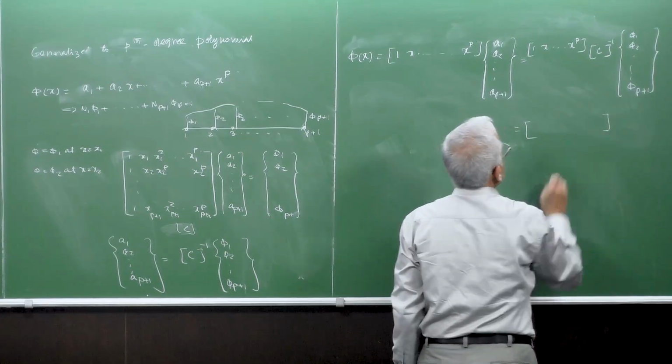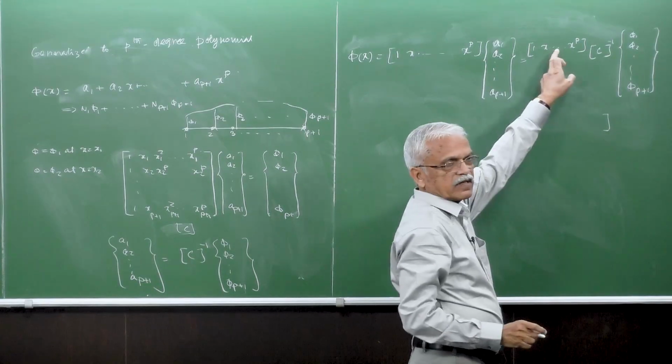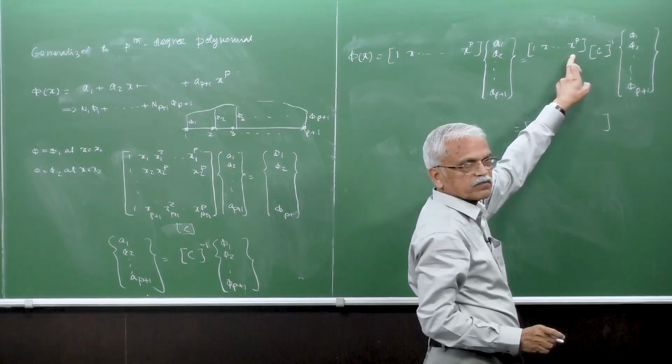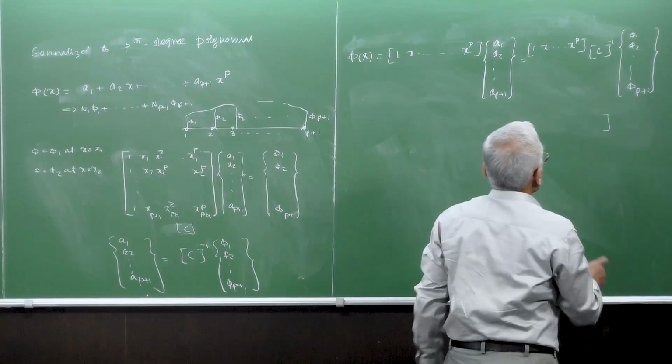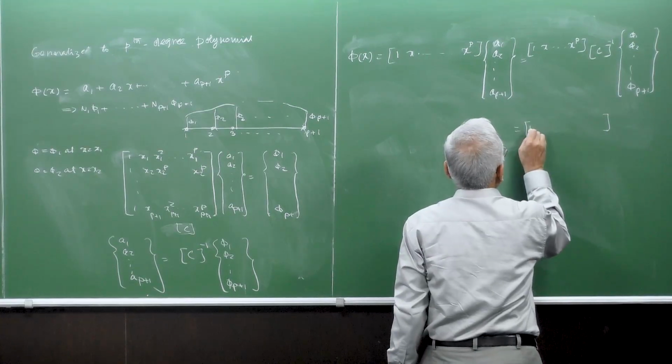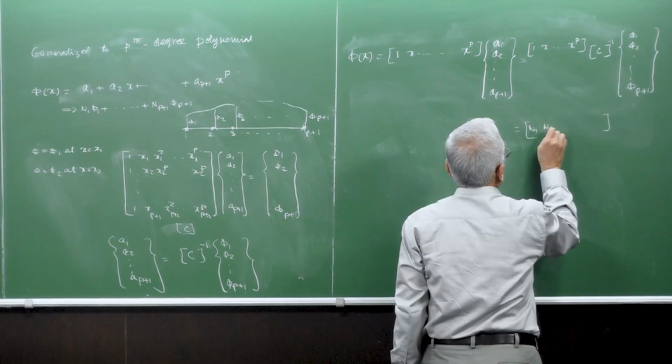So what will be the size of this one? So this is a one row consisting of p plus 1 components, and this is p plus 1 by p plus 1. So this is nothing but the functions.